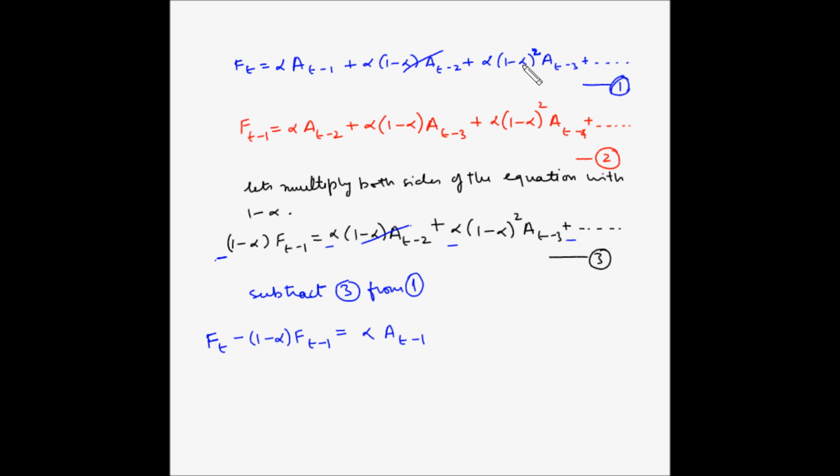Next is alpha 1 minus alpha square into at minus 3 minus alpha into 1 minus alpha square at minus 3. So this will get cancelled with this. And similarly, all the remaining parts of these two equations will get cancelled with each other. So finally, we get this equation.